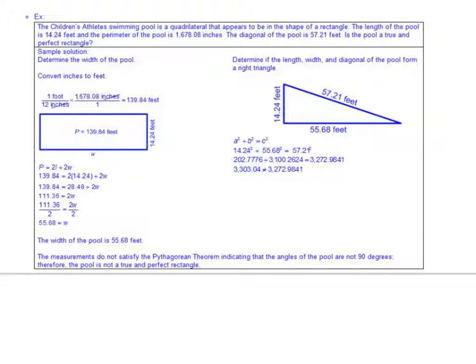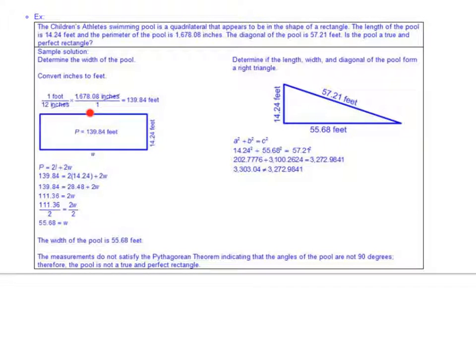So to solve this problem, the very first thing we have to do is go back and look at this particular number, 1,678, and convert that to feet. We can do so by saying 1 foot is 12 inches, so the inches go away. 1 times 1,678.08 over 12 times 1.